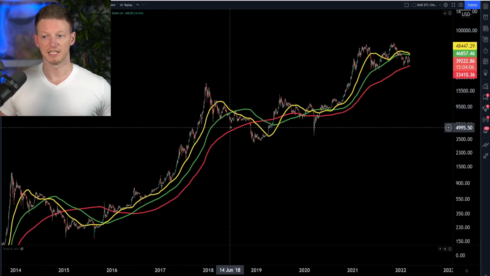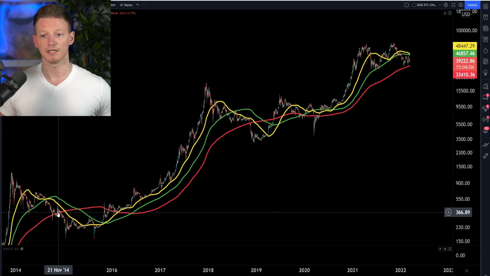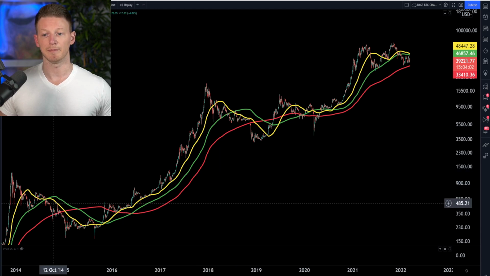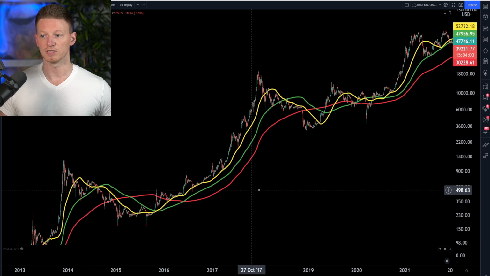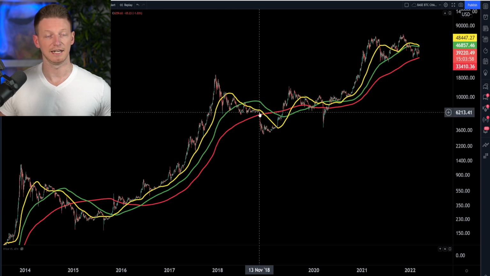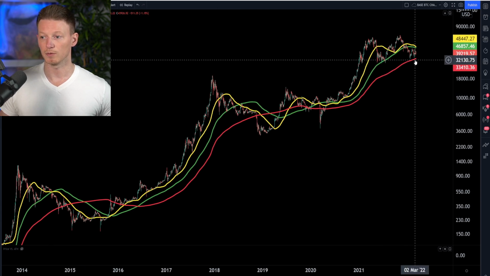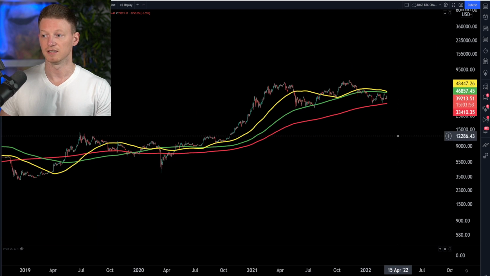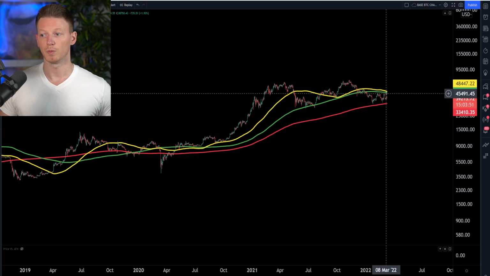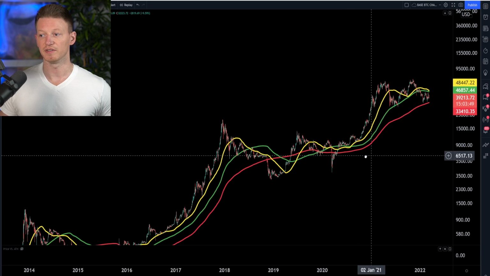From there, what we've seen in the past is we typically go down to the 100-week moving average. So we have examples of that back here in 2014, again here at the end of 2018. And where are we at now? Well, we're testing this level between the 50-week and the 100-week moving average.